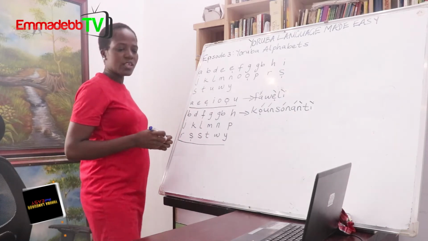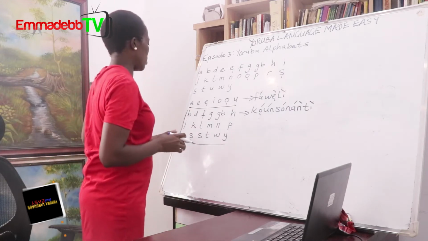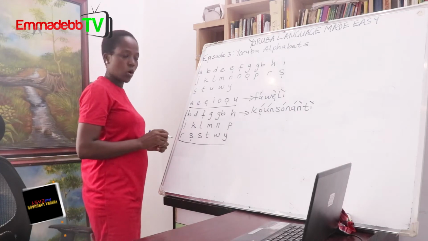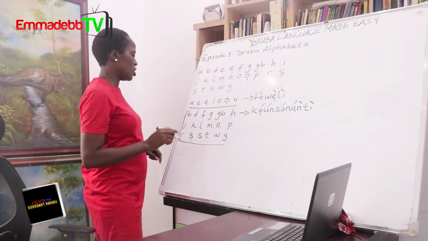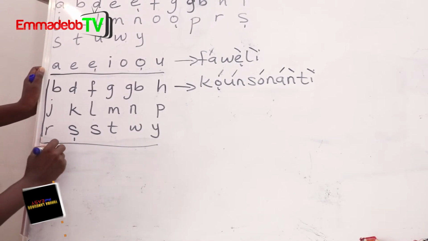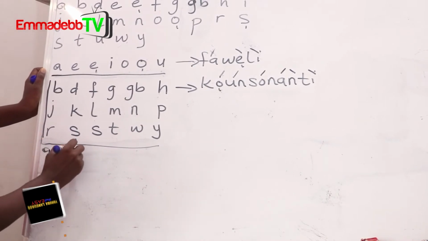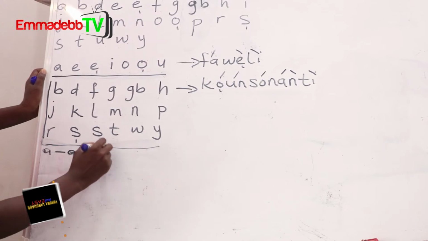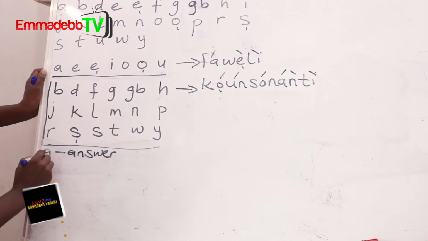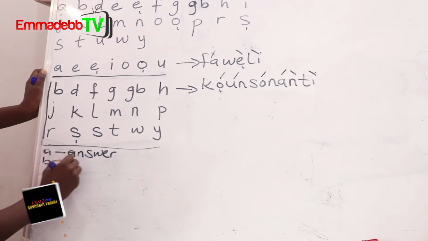Now I want us to see examples of words, which we can find in English language. Let's just go over it. This is A, like in answer. B, as in the normal B that we have in baby.